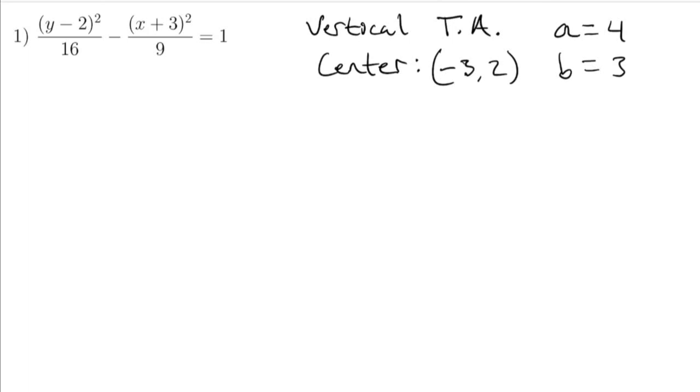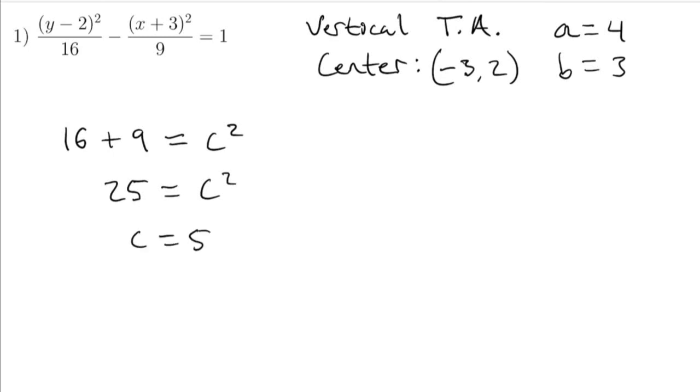And now we can solve for c, because we know that a squared, which is 16, plus b squared, which is 9, equals c squared. So that means that c squared equals 25, and that means that c equals 5. So we know that c equals 5.